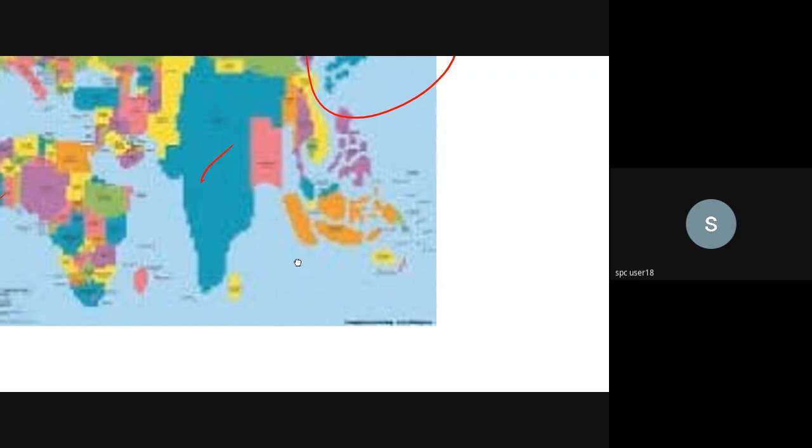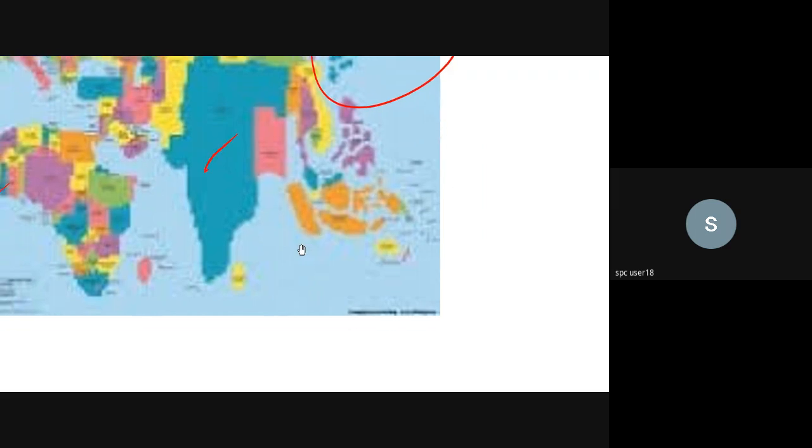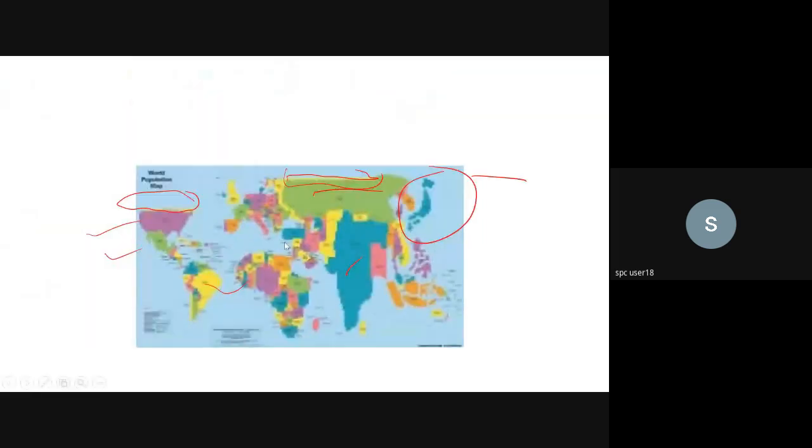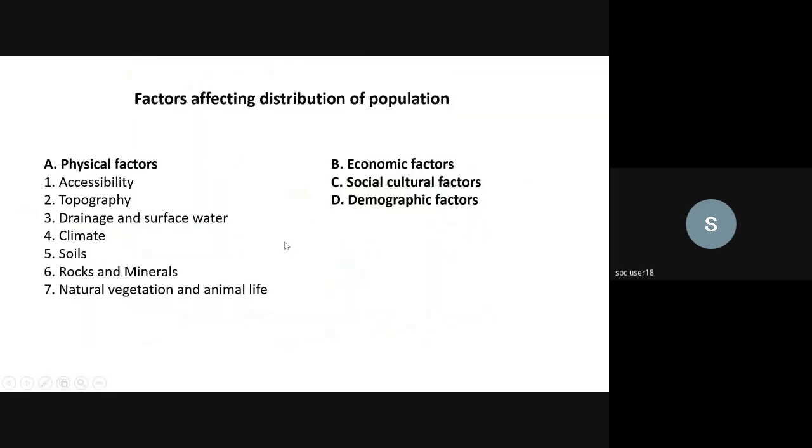However, the other day we spoke about Australia and New Zealand. But then we are going to speak about a few more things. Indonesia seems bloated up compared to its actual size. Sri Lanka also is large in comparison. So, economic factors play a major role in distribution of population.